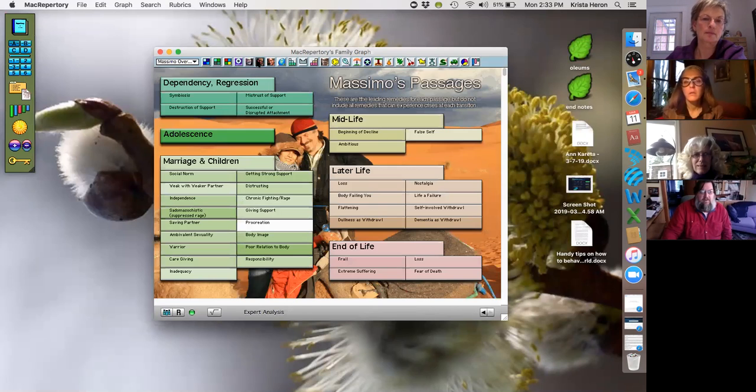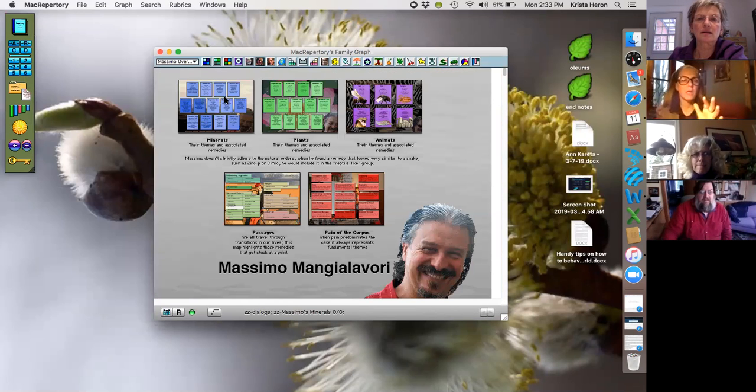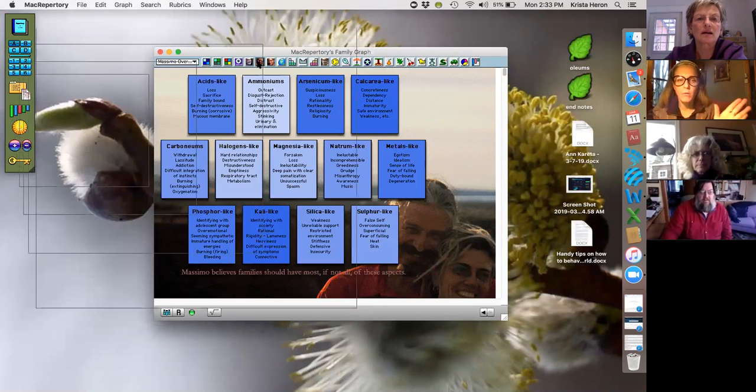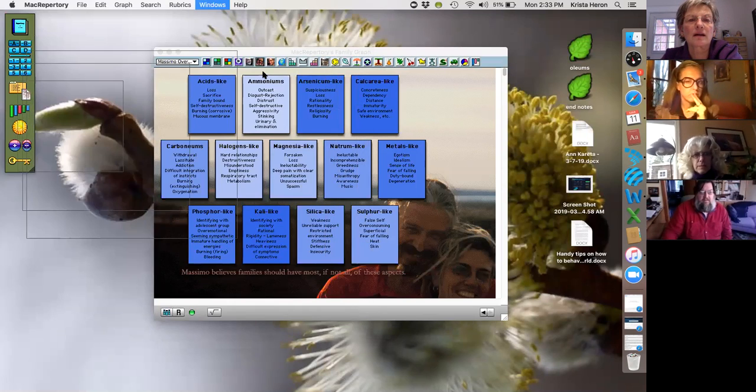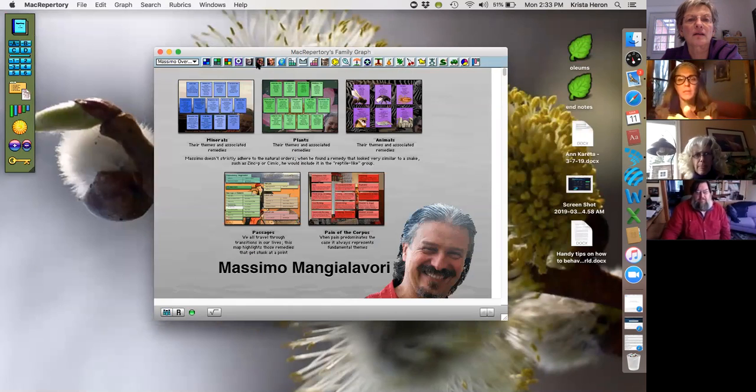It changes color depending on how it relates to your clipboard. One's a mineral, one's a plant, one's an animal.